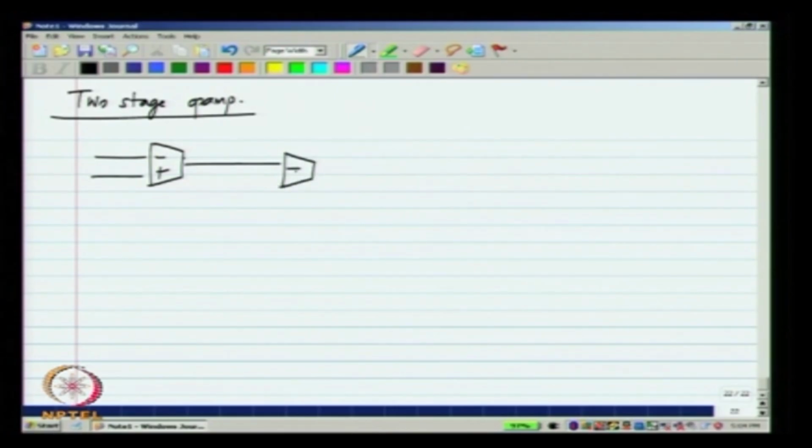This is our two stage op amp. The first stage GM1 has an output resistance R01 or an output conductance G01, and there is a capacitance C1 here which can be due to various sources.